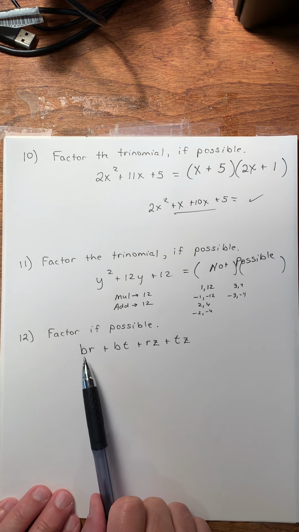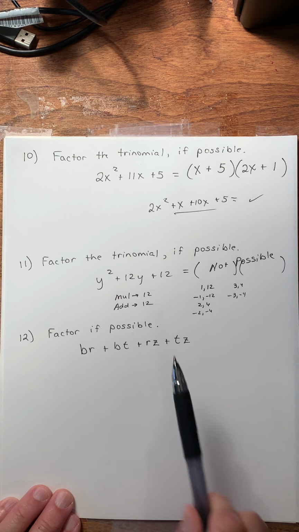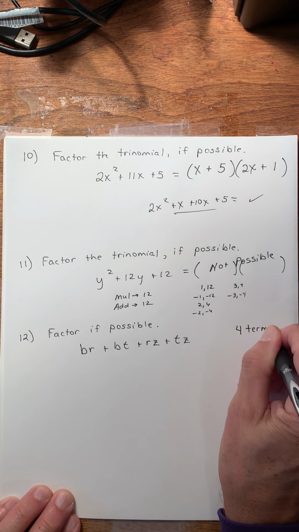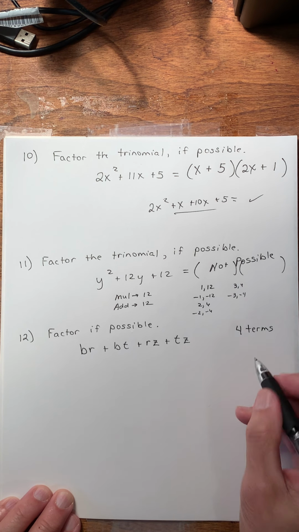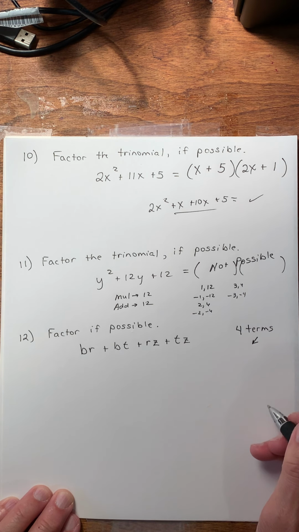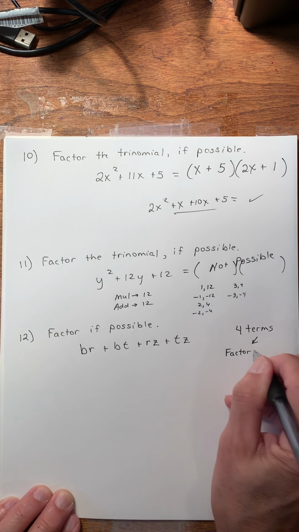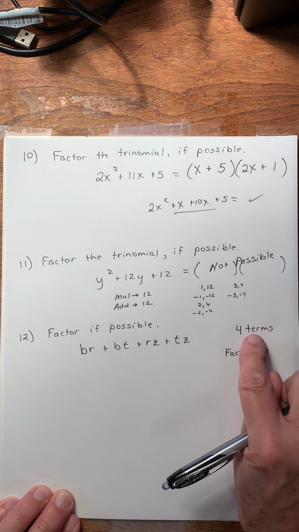All right, factor if possible. Please note, 1, 2, 3, 4 terms. Do you remember what 4 terms indicates as far as factoring? 4 terms says you're going to factor by grouping. That is your big hint.